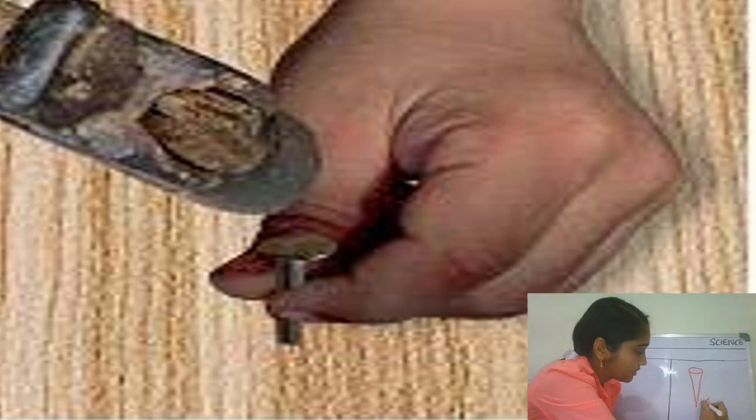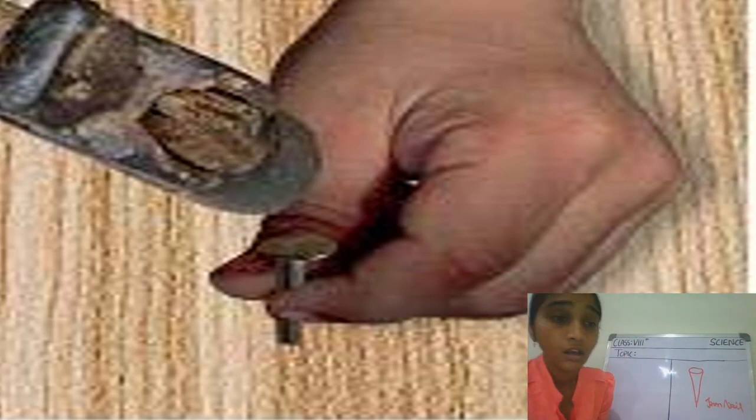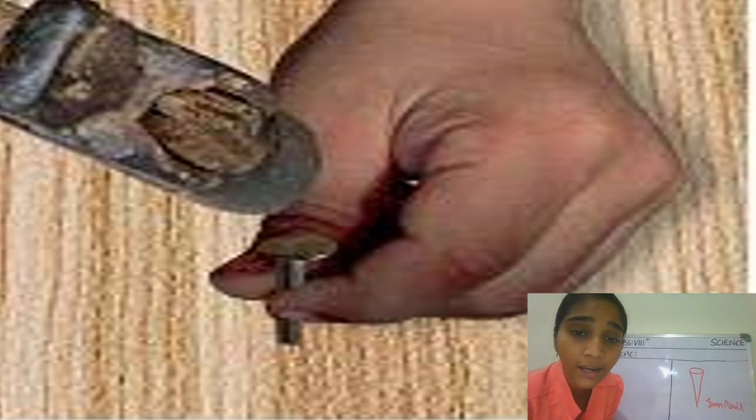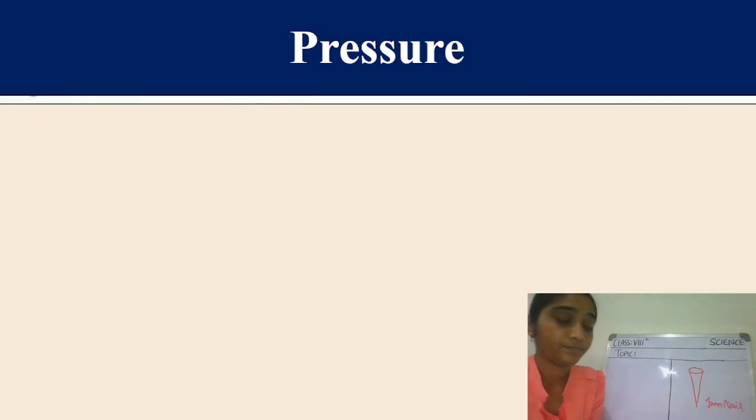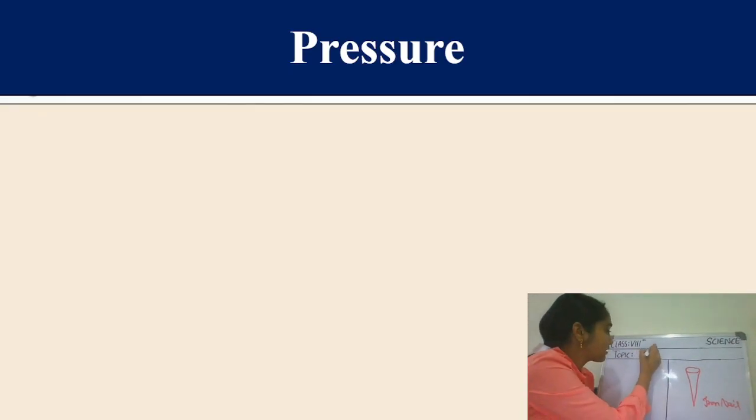So basically, students, we are applying some kind of force over here. What we are going to discuss today relates to the forces involved, but in terms of pressure. So students, let's discuss pressure today.